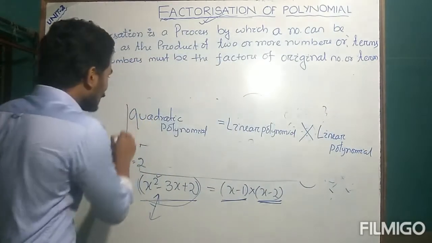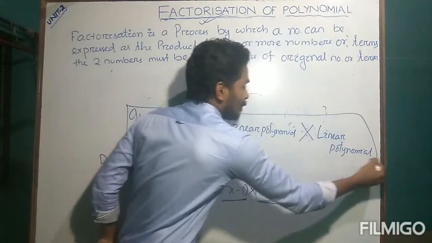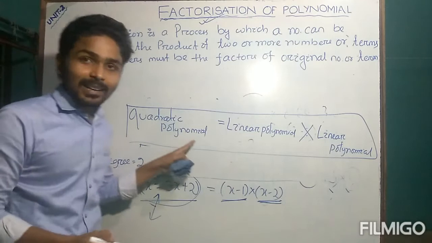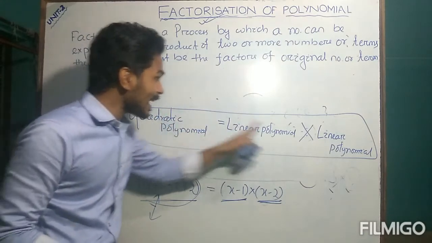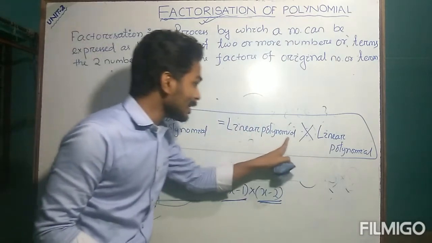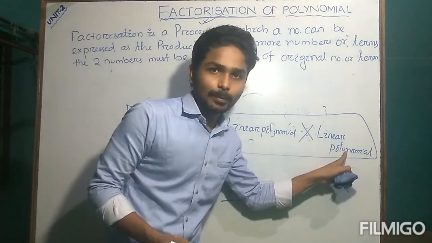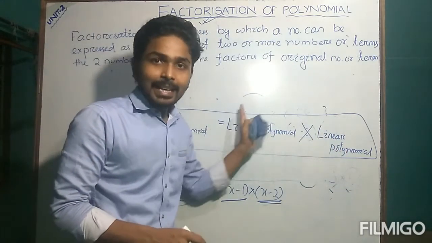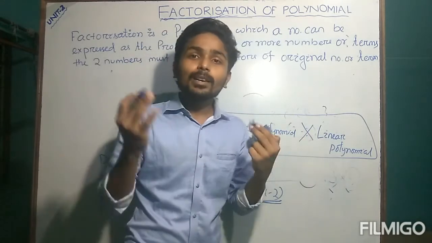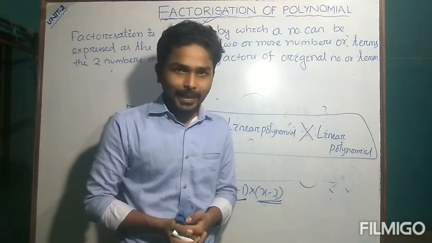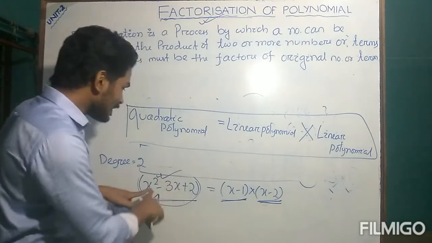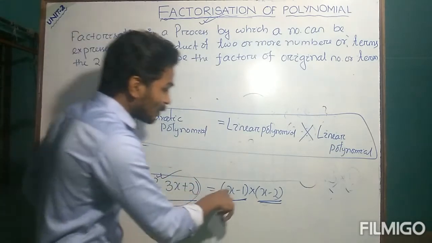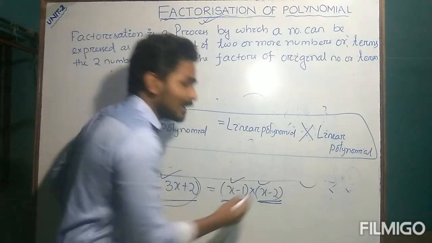So a quadratic polynomial can be expressed as the product of a linear polynomial and another linear polynomial, that is, as the product of two linear polynomials.